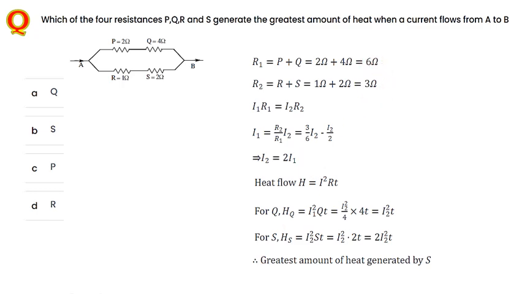Once it is connected in parallel, already you know this one, potentials are same. So I just mentioned here, the potential V1 will be equal to V2. Already according to Ohm's law, V is equal to I into R. V1 here is I1 R1, V2 here is I2 R2. From this one, I1 here is R2 by R1 into I2.